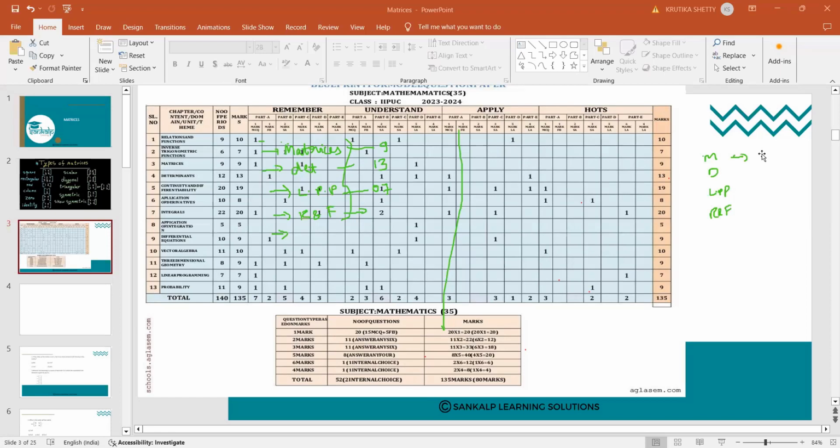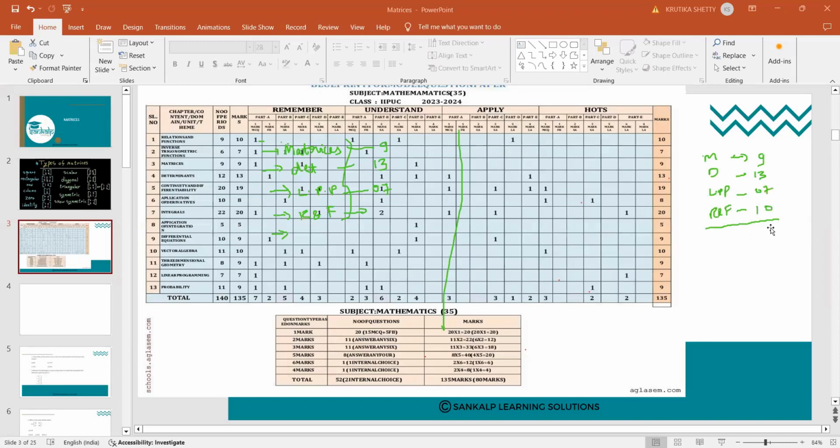You can see the weightage over here: 9 marks, then LPP fetches you 7 marks, and relation and function fetches you 10 marks. If you take up the total, it will be about 39 marks.